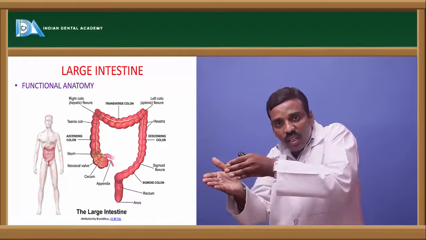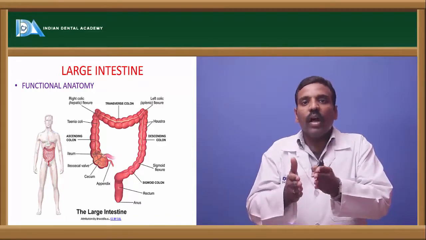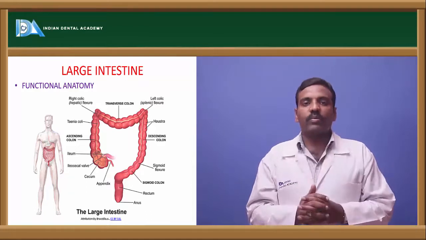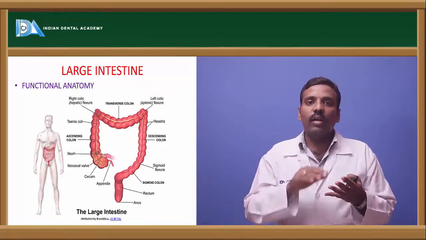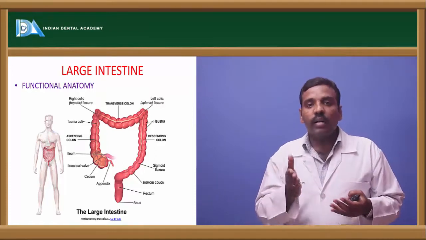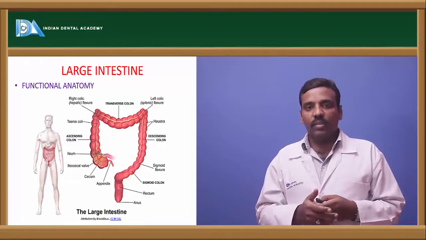And which comes like this, that is called the sigmoid colon, and it is continued with the rectum and the anal canal. So ascending colon, transverse colon, descending colon, sigmoid colon, rectum and anal canal. These are the parts of the large intestine.